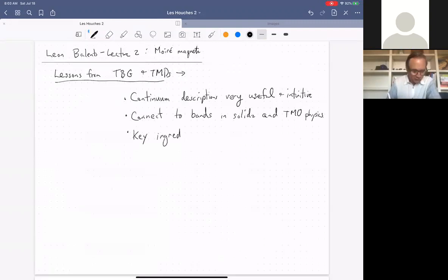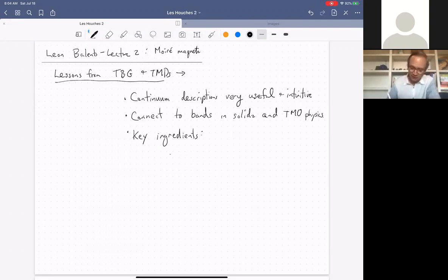So, in general, in condensed matter physics, continuum limits are not always valid. A continuum description applies when there is some long length scale in the problem, much longer than an atomic scale.